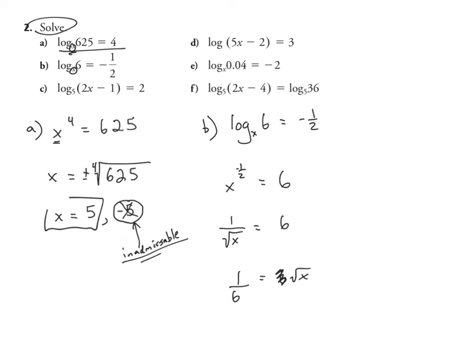There you go. So root x equals 1/6. So x is equal to plus or minus the square root of 1/6. And we know that x is the base, so this minus is inadmissible because we do not want the base of a logarithm to be a negative number. Therefore, x equals the positive square root of 1/6.